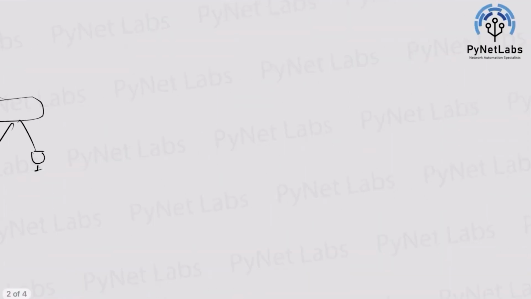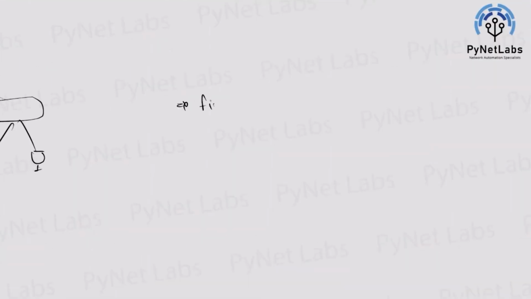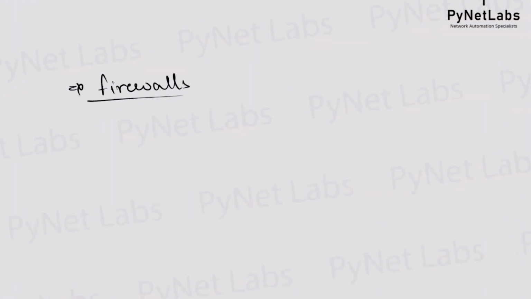Next that we need to know about is something known as firewalls. I have a really nice example for firewalls, which will really help you in understanding what exactly it does for you. A firewall is just like the watchman of your society.